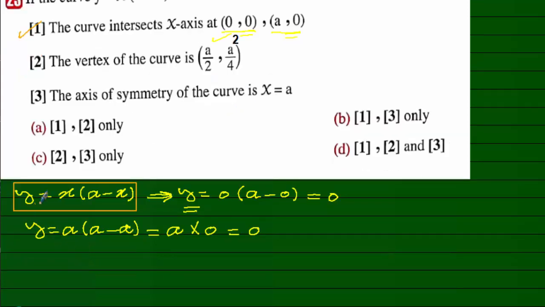So again, we have y equals x multiply a minus x.